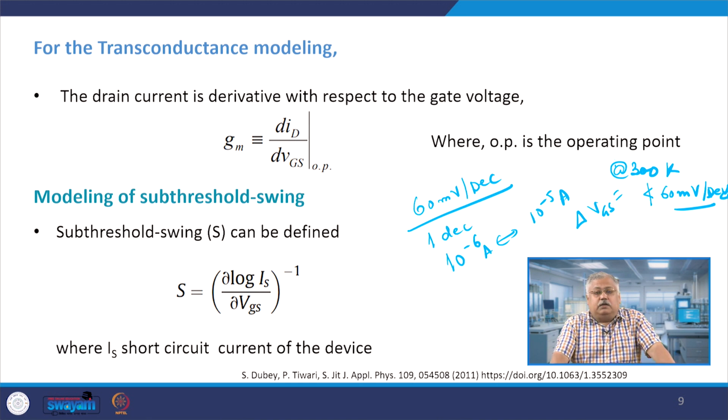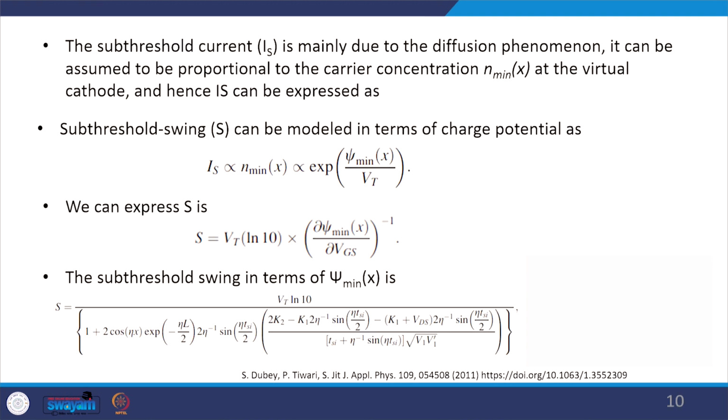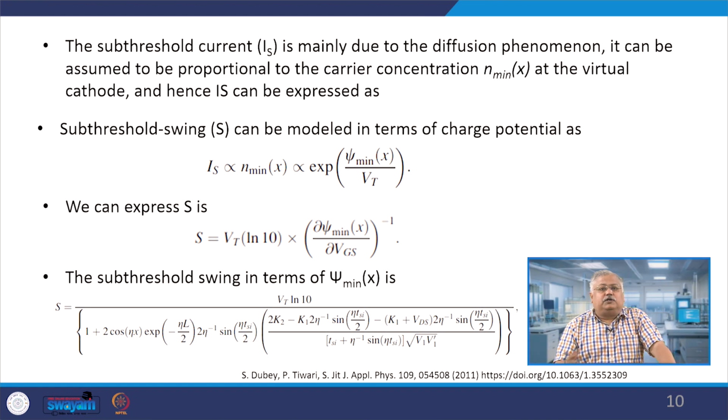So, the minimum value for a bulk MOSFET at 300 Kelvin is 60 millivolt per decade, and we cannot go below that, right. And this current is basically my diffusion current or the subthreshold current which is flowing. The subthreshold current, as I discussed with you, is primarily because of diffusion phenomena, and it is always proportional to the carrier concentration, right.